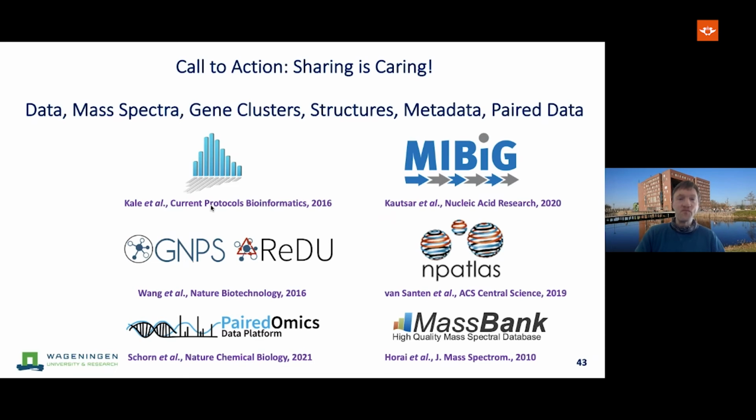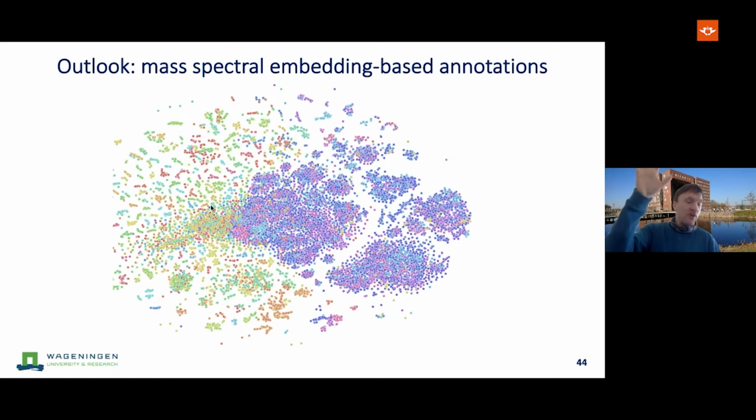Sharing is caring. And if we talk about outlooks and some inspiration, I would love to study ways to use these mass spectral embeddings that we discussed also to do more annotations, for example, chemical classifications, like we can see here. Here each dot is a spectrum and each color is a spectrum from the same molecule.